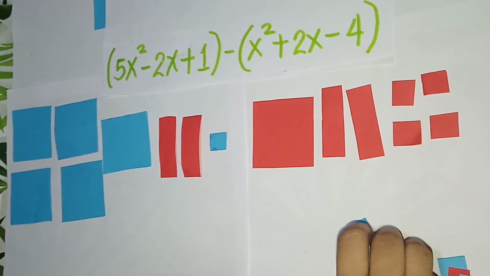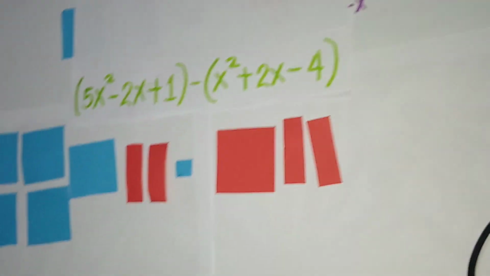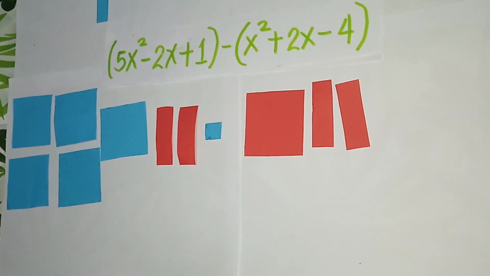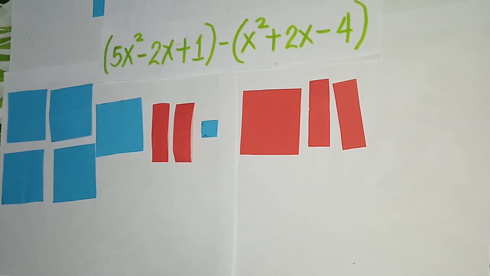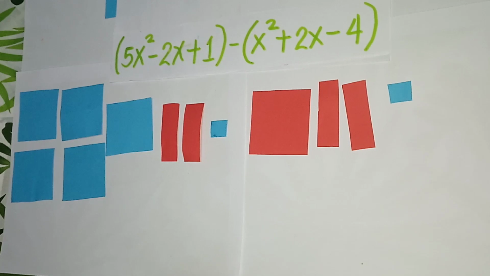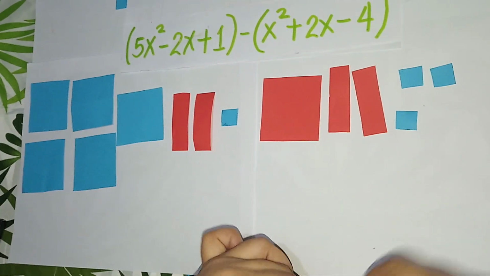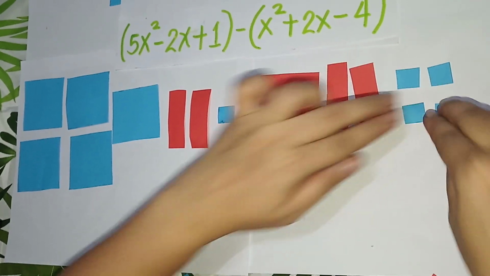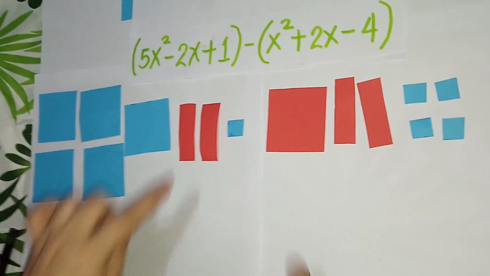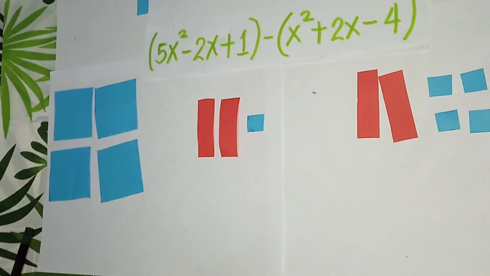And this one, negative 4, will become positive 4. Now combine them. Pair.